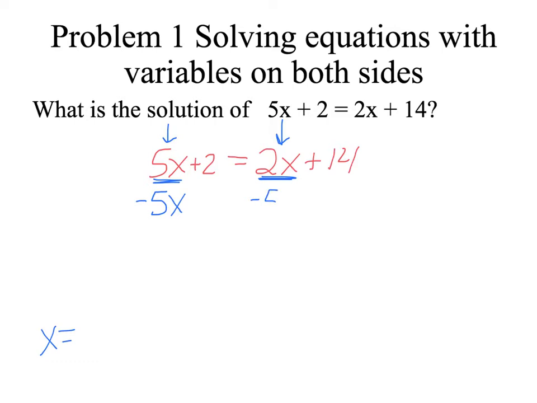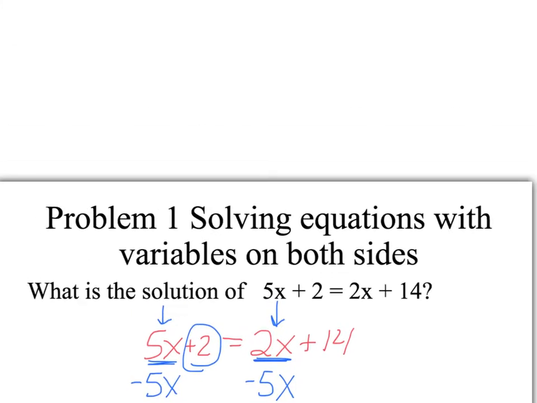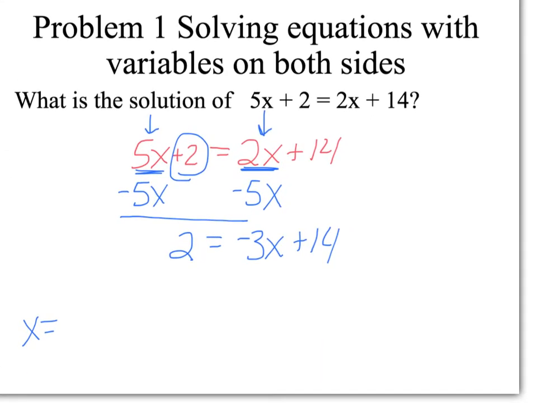Now, combining like terms, you can only subtract 5x from 5x. So on the left side, 5x minus 5x would cancel out, and I would be left with 2. And on this side, 2x minus 5x would be minus 3x, and I still have the 14. Okay, that's one way.